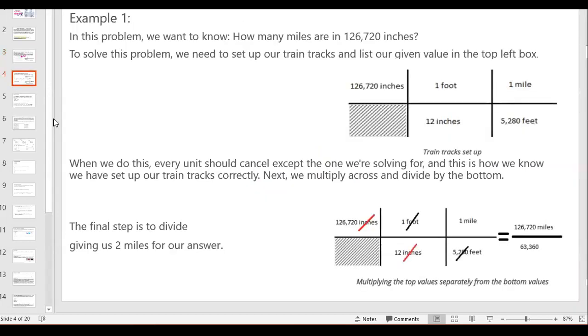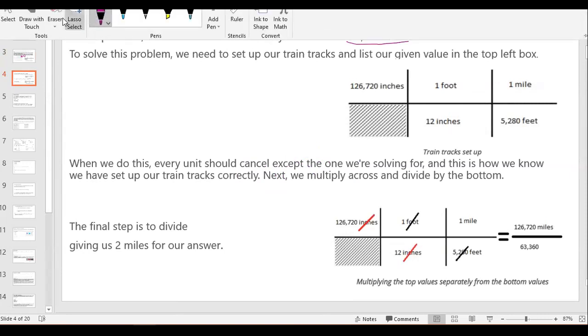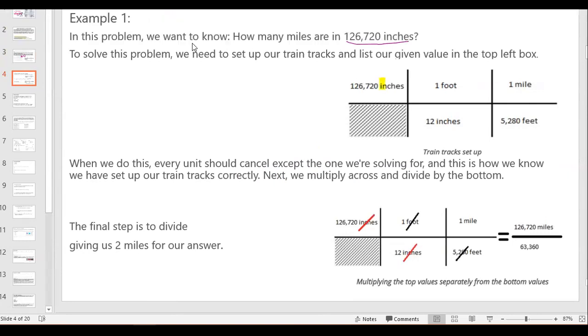So here I have an example for you guys, and we're going to go from inches to miles. They give us this amount of inches, which is 126,720 inches. And we're going to go ahead and turn that into miles. See that they have the inches here, and they're going to cancel them by putting it in the bottom.